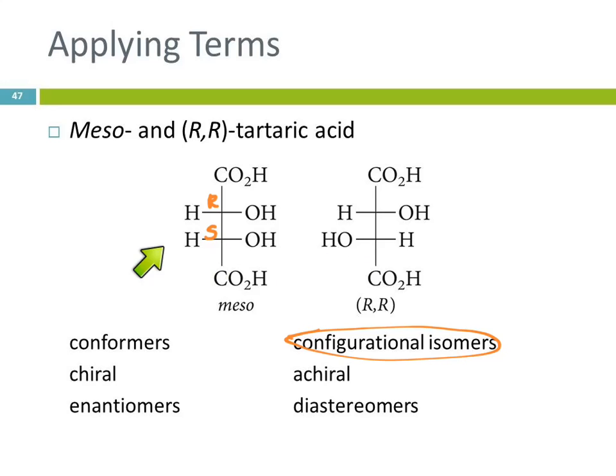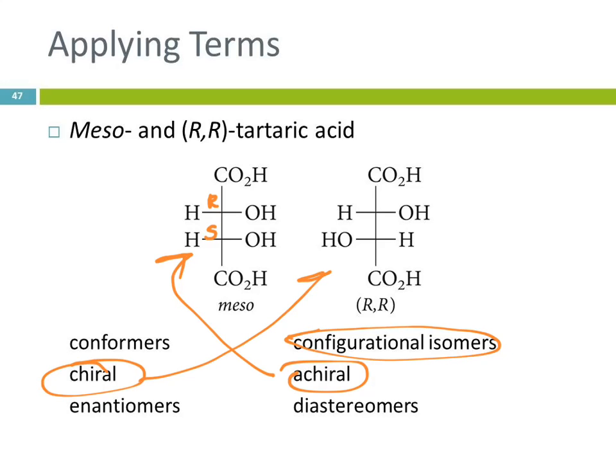Are these guys chiral or achiral? Well, it turns out there's one of each. This meso compound is achiral because the mirror image is the same. It's superimposable. That one's achiral, and this one is chiral.